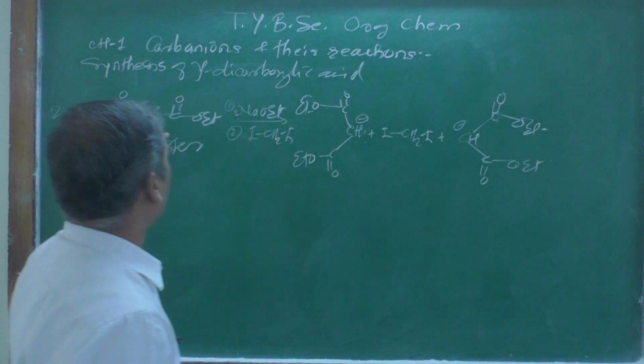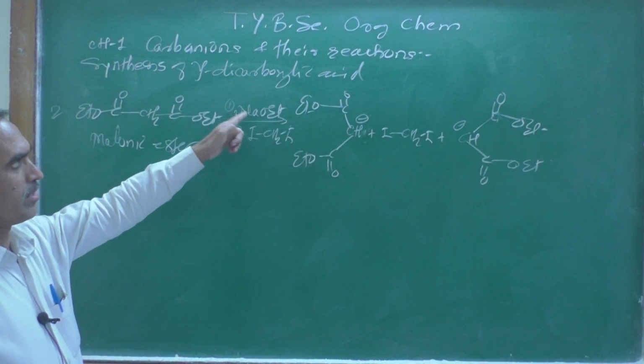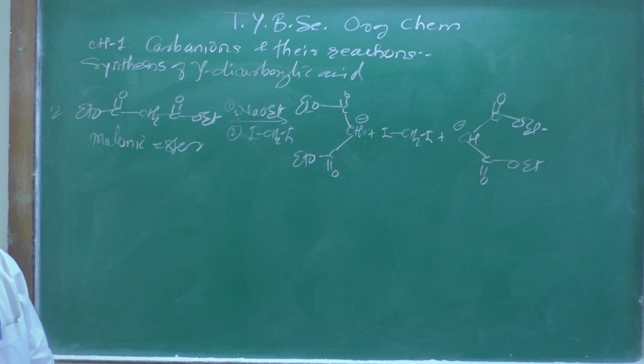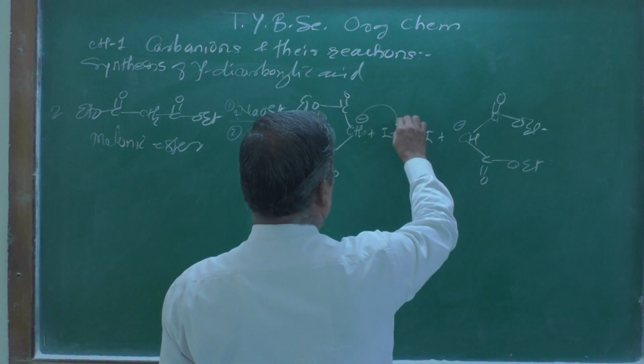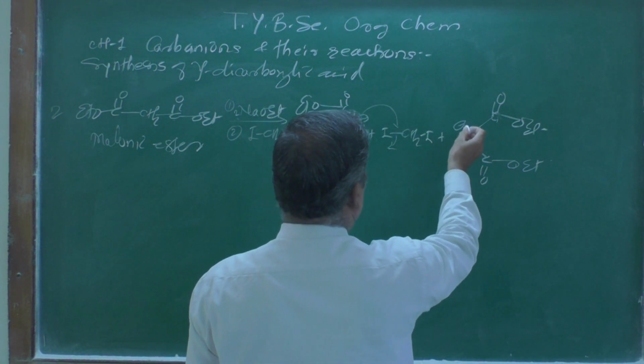After the attack of sodium alkoxide on those 2 molecules, it produces this type of carbanion, and that is going to attack there with elimination of iodine.